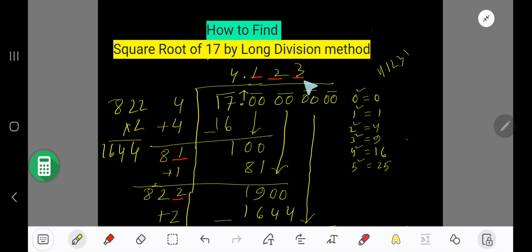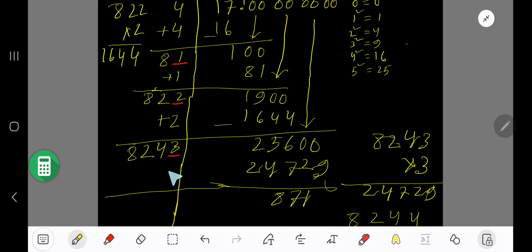Since you have placed the digit 3 here, the same digit will come under this divisor, and you need to add. 3 plus 3, 6, and 4, 2, 8.